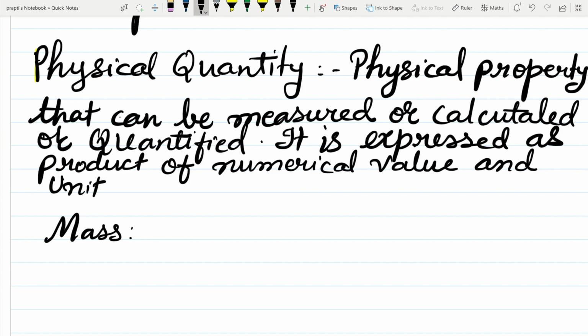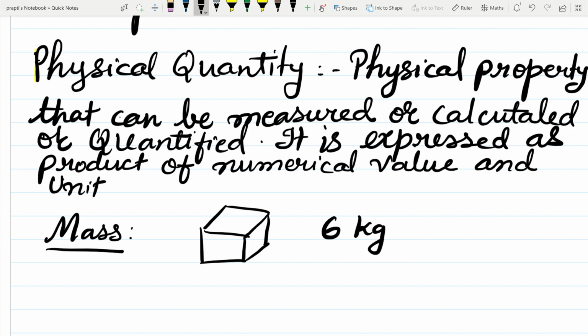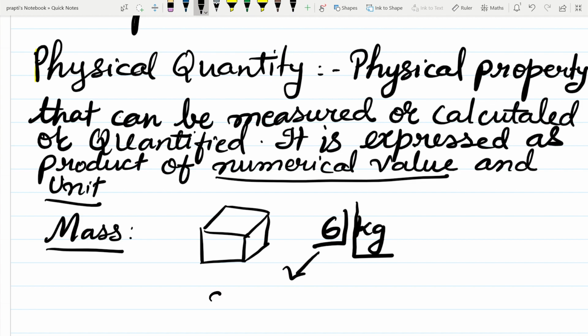Suppose I take a cuboidal box or a block of wood and put it on a balance which measures, say, 6 kgs. Then mass is the physical quantity, 6 is the numeral value, and kg is the unit. So, this numeral value is also called magnitude.